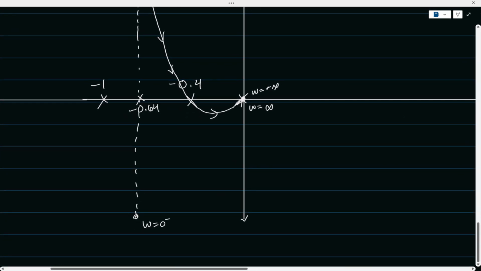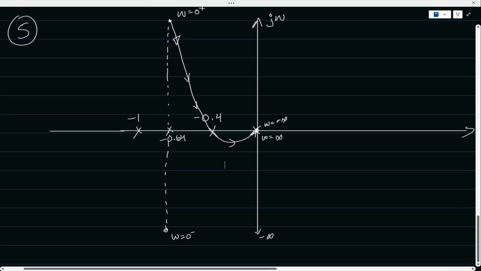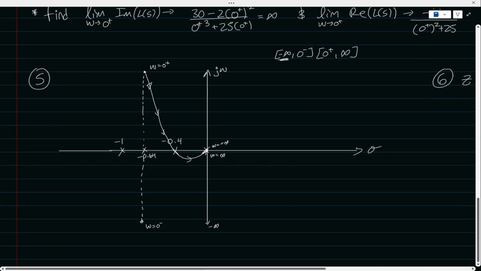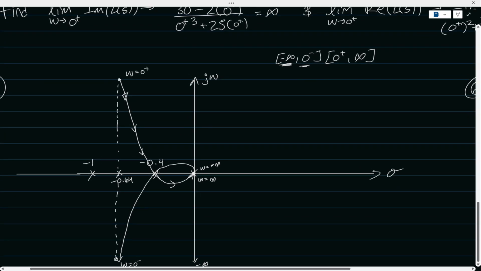So technically, negative infinity of the j omega. And now we know that we have to go from negative infinity to 0 minus. So our negative infinity is over here. Again, intersect the intersection point here and go over to 0 minus. I hope this makes sense.